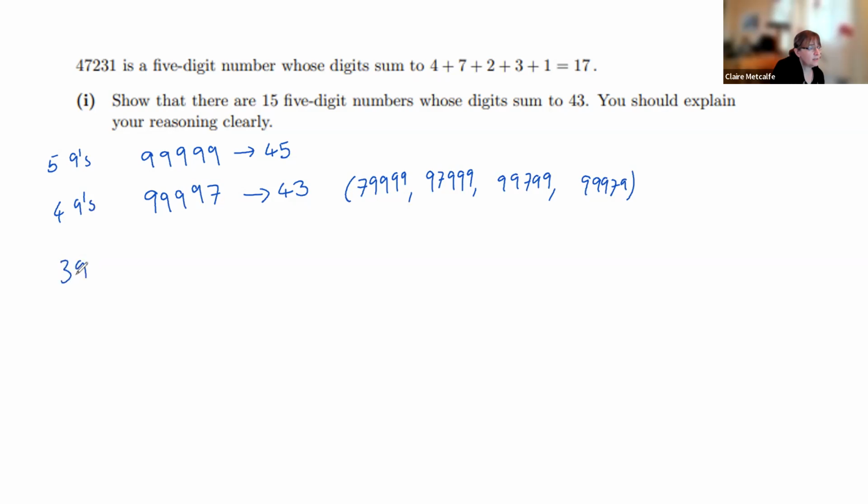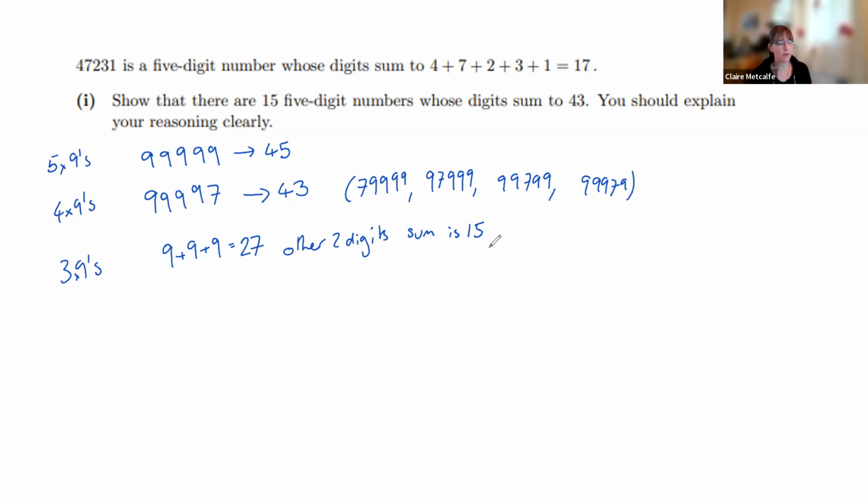So with 3 9s, we know that 9 plus 9 plus 9 is 27. So the other 2 digits have to sum to give us 43 minus 27 is 15.